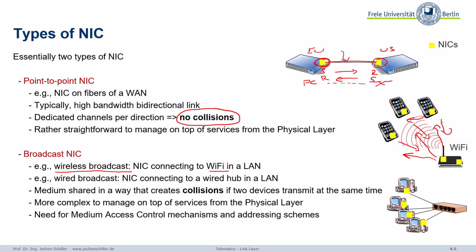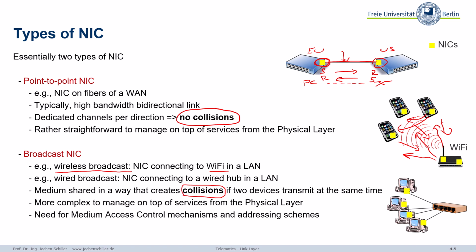But all the devices will then also receive the transmissions. So this is a broadcast system, and the network interface card has to be able to handle the problems that may occur here. And the major problem here is we can have collisions.